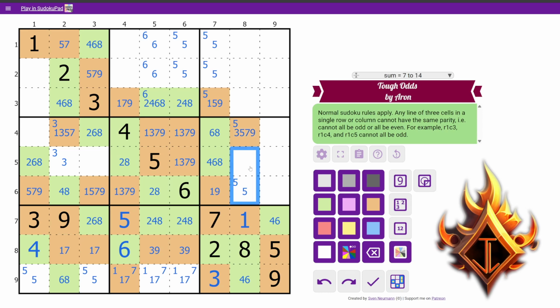So one of these will definitely have to be even. And one of these. I think it could be either one though.